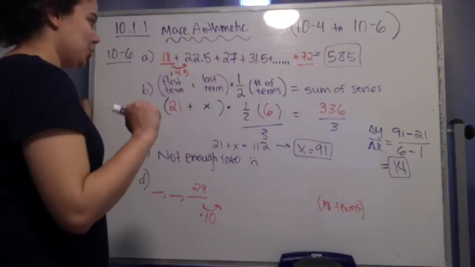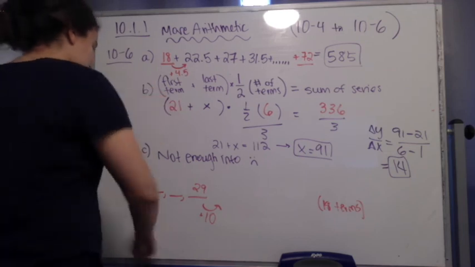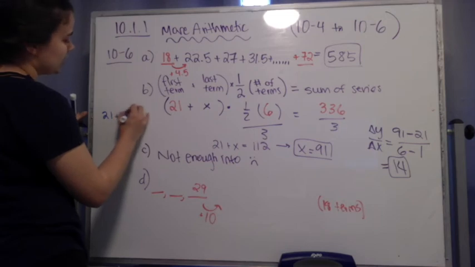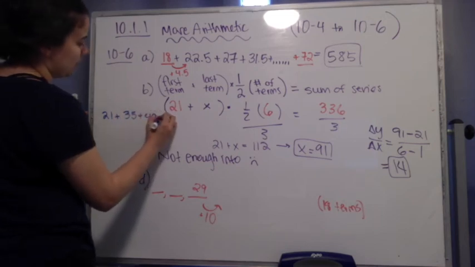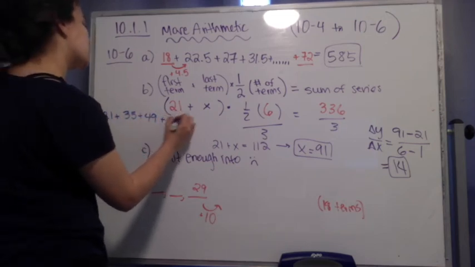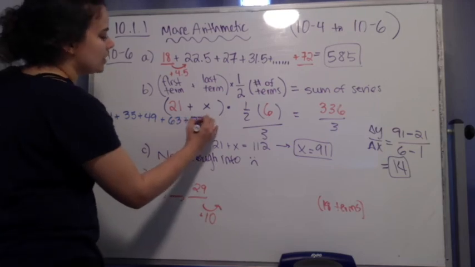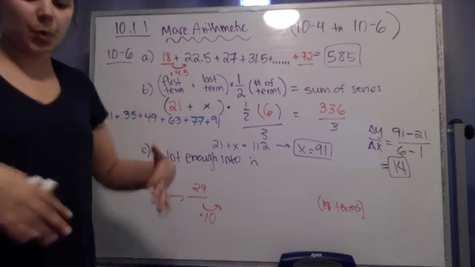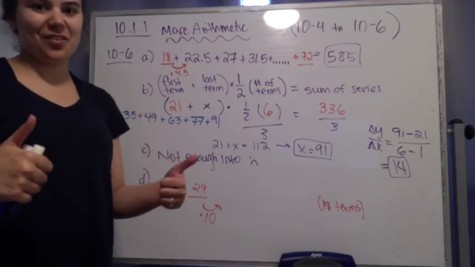And with that, you have enough information to write your sequence. So I'll write it in a different color over here. You end up with 21 plus 35 plus 49 plus 63 plus 77 plus 91. Whew. Okay, part C, not enough information.